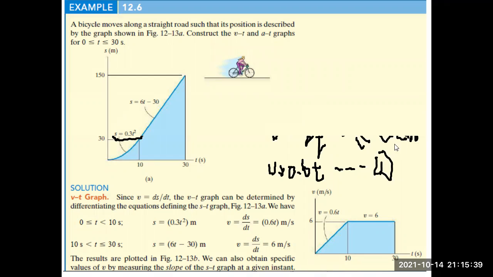So we plug in T from 0 to 10 to get this plot, to get this line. Okay, who could tell me what is the slope of this line?